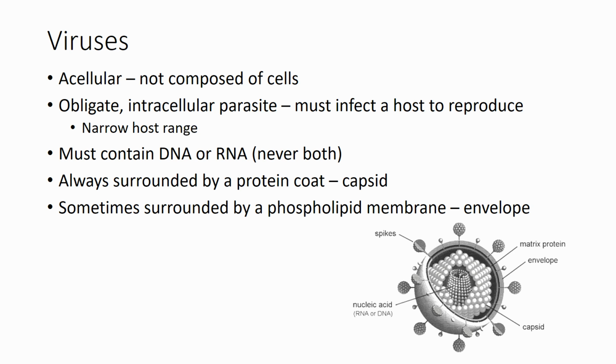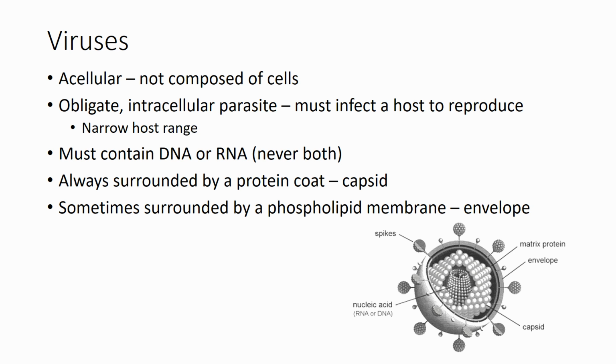Viruses are considered not living because they cannot function without a living cell to attack or live within or reproduce within. Viruses are considered obligate intracellular parasites. Obligate because they absolutely must live intracellularly, meaning inside of another cell.